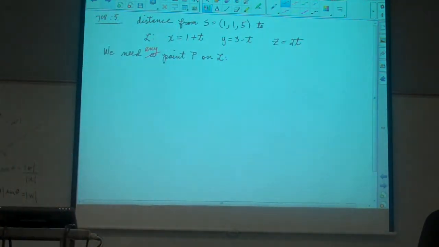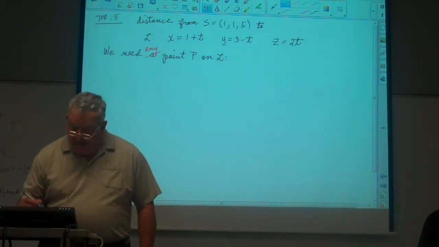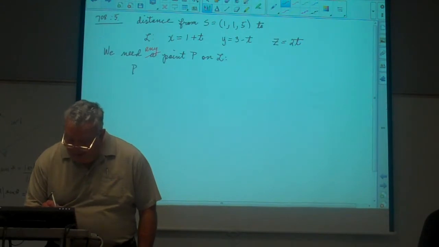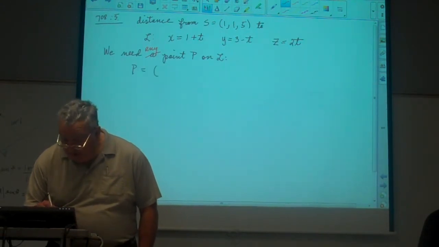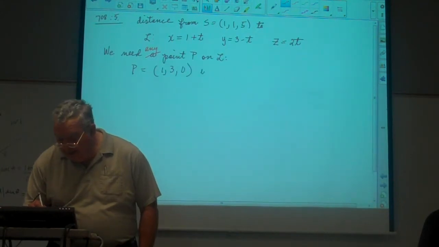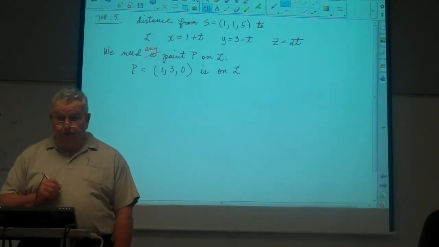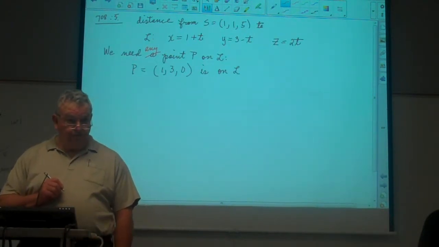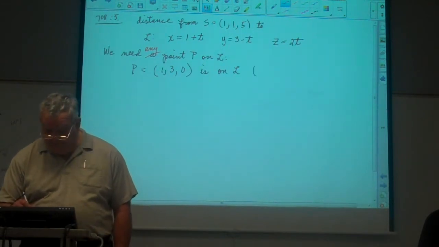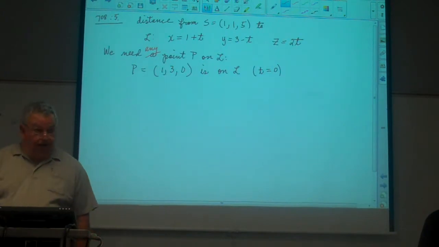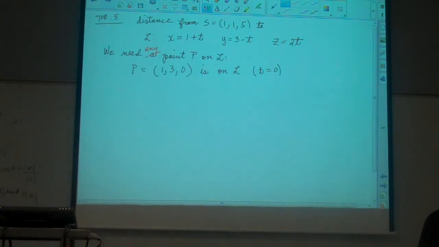I'm going to be brazen enough to suggest to you that P equal to (1, 3, 0) is on L. Would you think that's true? And it could be any value, right? Do you agree?